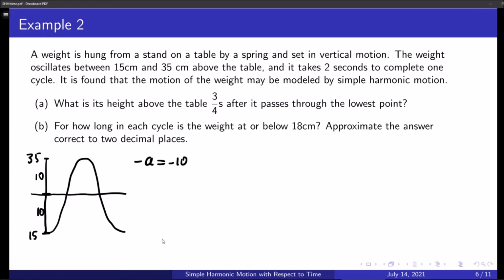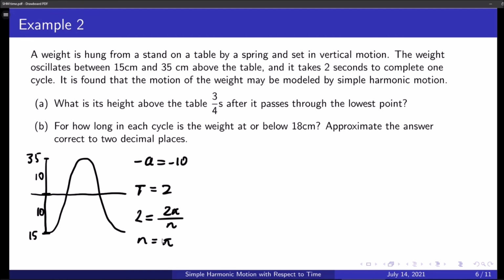Now let's look at the period. So period equals to 2, and of course period is equal to 2 pi divided by angular velocity. So basically how many cycles there are. So what we end up with is 2 equals to 2 pi divided by n, and of course n equals to pi here. So that's our angular velocity. This is the amplitude.